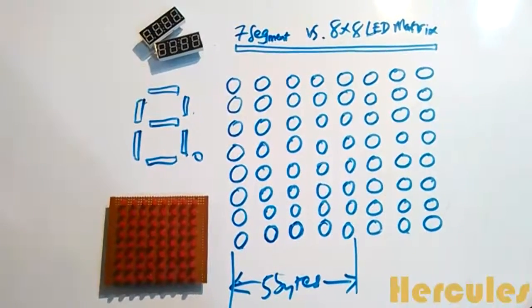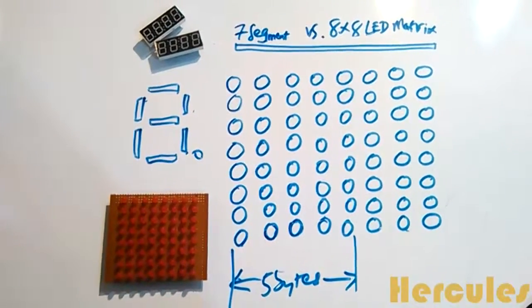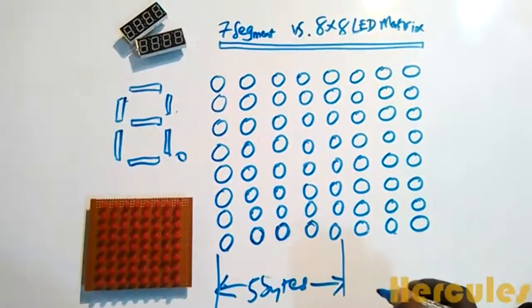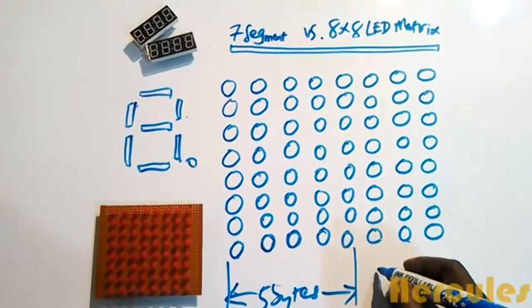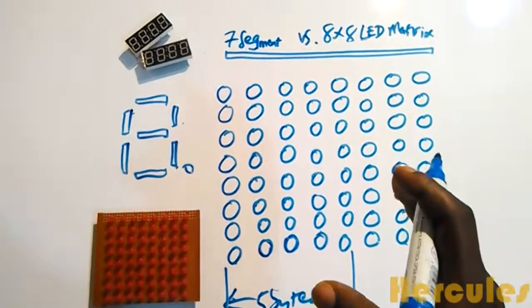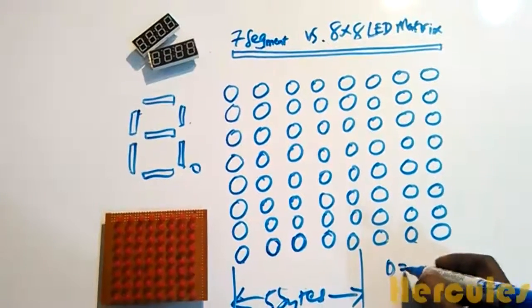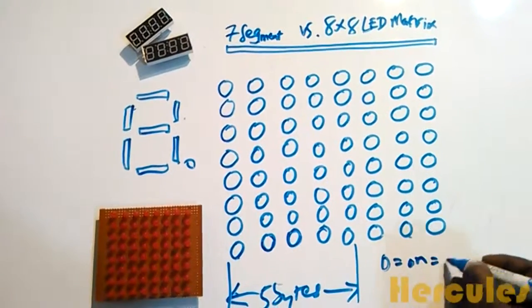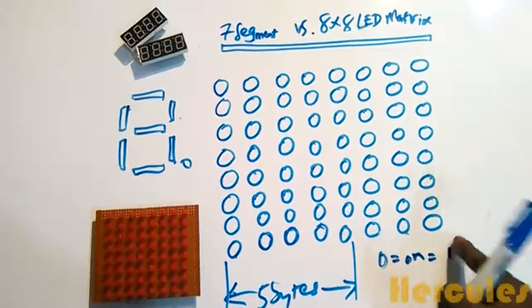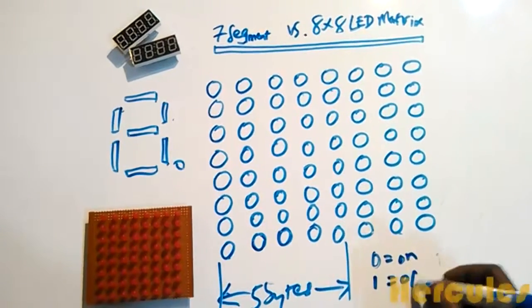Maybe you want to display an alphabetic character or a numeric character. So let's assume that, based on our connection for an 8x8 LED matrix, we are using a 0 for on and a 1 for off.